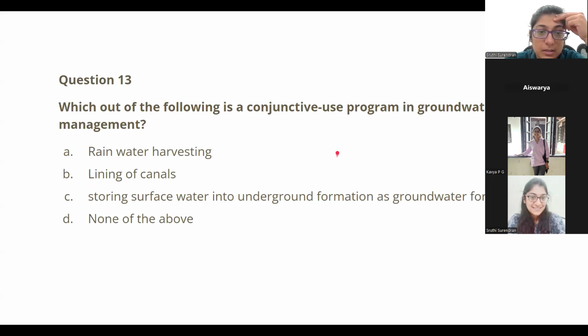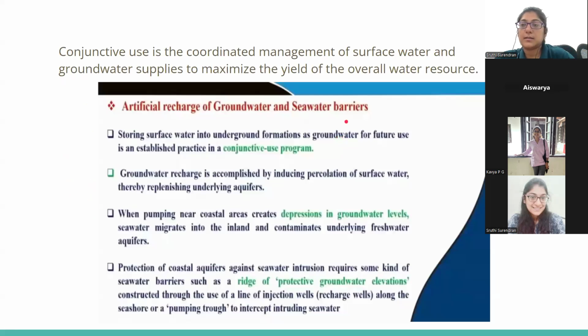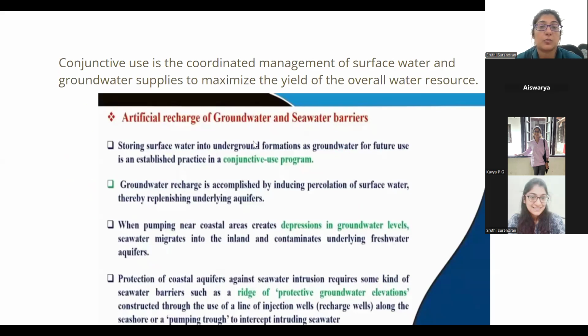So the correct answer is option C. Conjunctive use is nothing but a combination of management of surface water and groundwater resources.